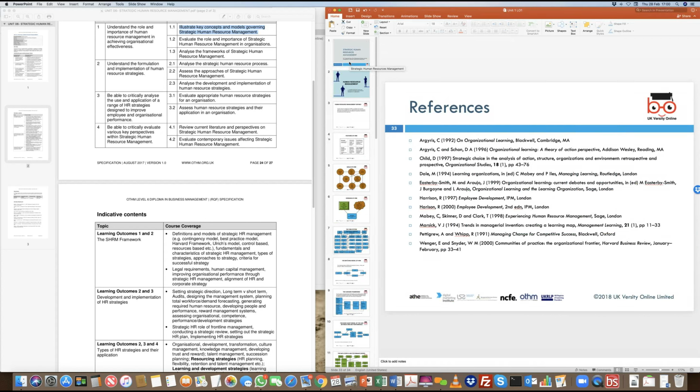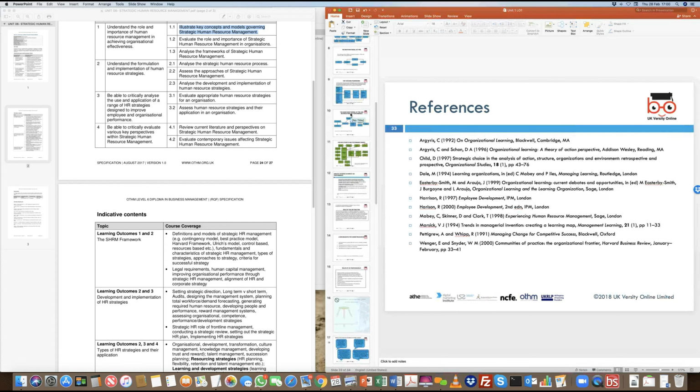We want to look at the various models which have evolved over the years, and how people, performance, productivity, efficiency, staffing, and recruitment are linked within different models. And last but not least, pick out a model which applies to you or your organization in the modern context and do a bit of evaluation to say that this is what I see and this is how I see HR working within my organization.